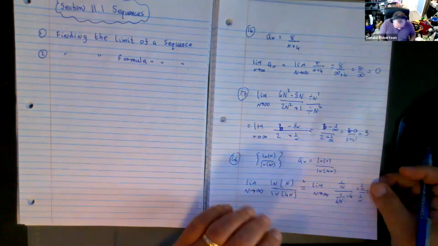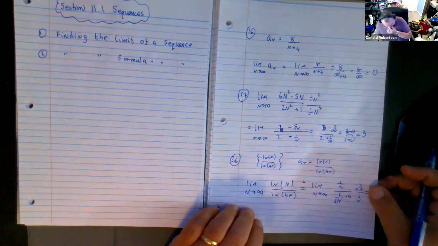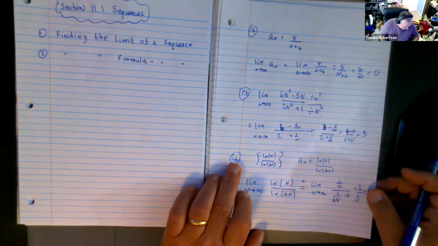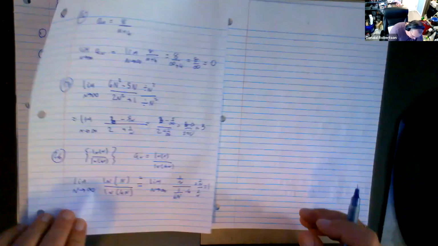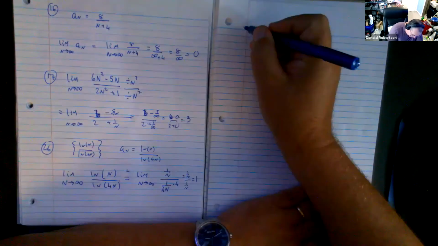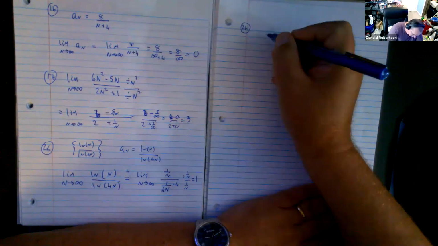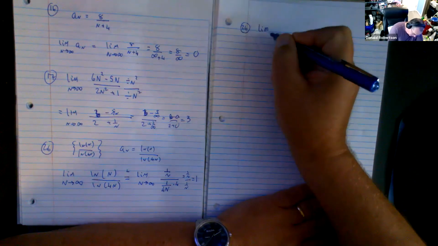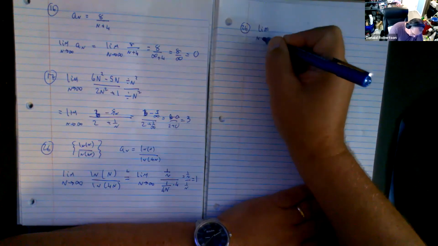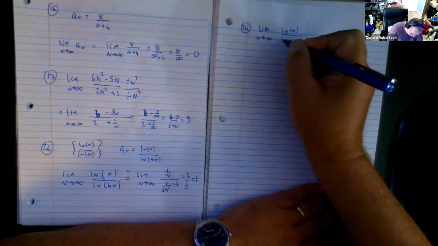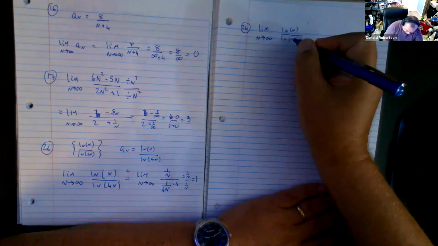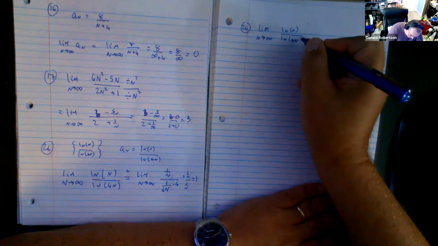I could tackle that slightly differently. I don't think this is a very efficient way of doing it, but just because I can, let me show you how someone else's brain may work. They have a look at this question and they say, okay, I'm going to have to prove or find what its limit is. And they decide to go this pathway.